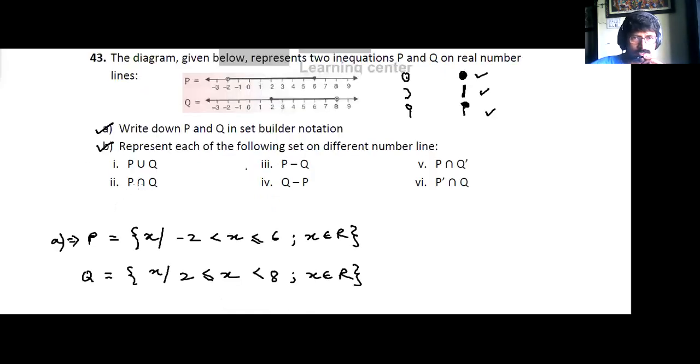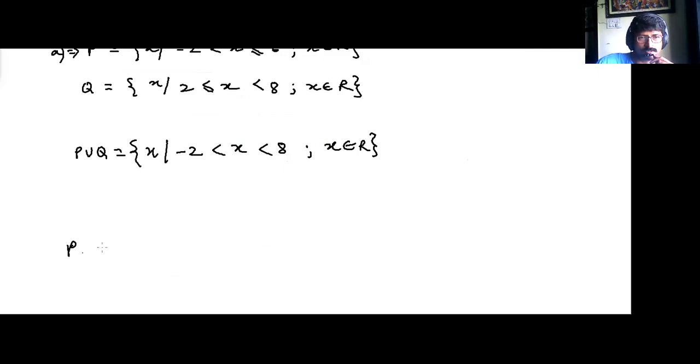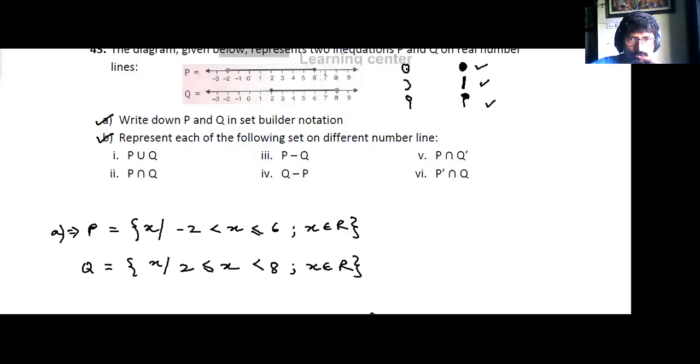What would be second? P intersection Q. How am I going to do this P intersection Q? I'm just leaving that empty space over there for drawing the number line. What is the common part between them? Look at this. Common part is 2 to 6. Now 6 is there in both the sets and 2 is also there in both the sets. You'll have to look very carefully, guys. Look at this 2.